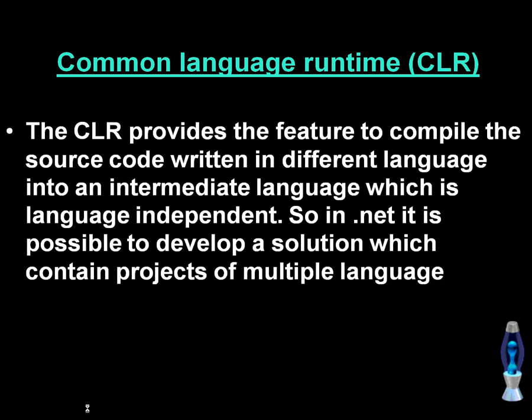Common language runtime, CLR. The CLR provides the features to compile the source code written in different languages into an intermediate language which is language independent. So in .NET it is possible to develop a solution which contains projects of multiple languages.